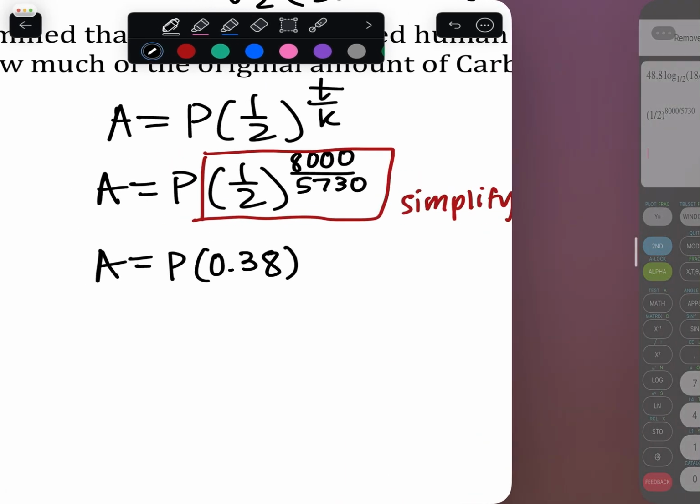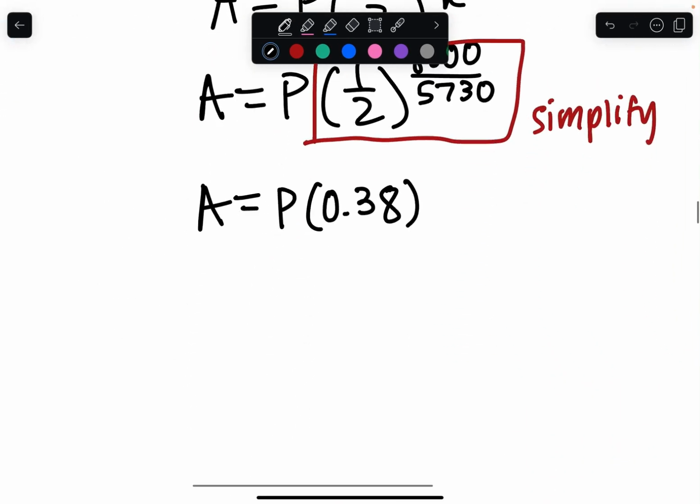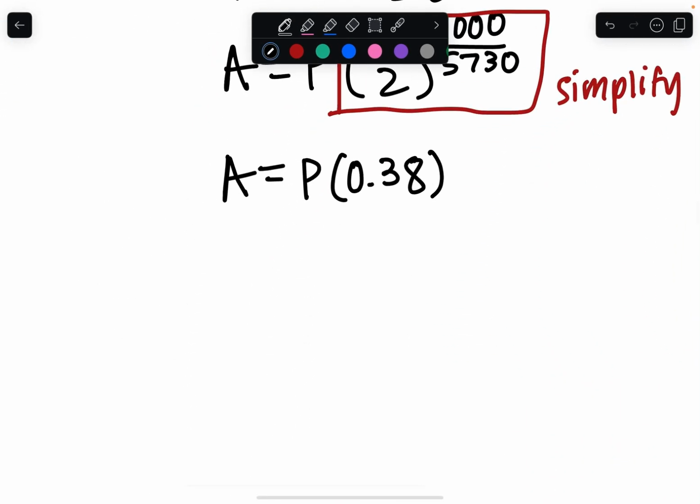Okay, and so if you just read what this says, it means A is 0.38 times P. I'm just rearranging them.